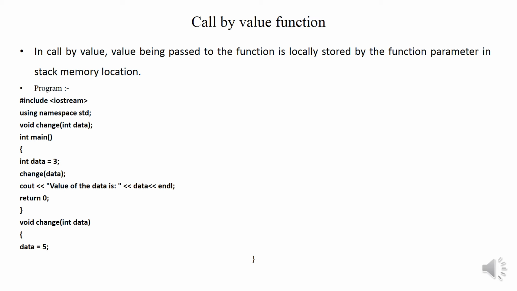So in call by value, the value being passed to the function is locally stored by the function parameter in stack memory location.